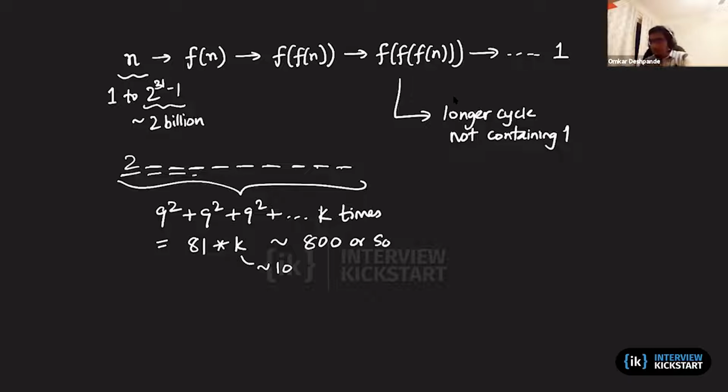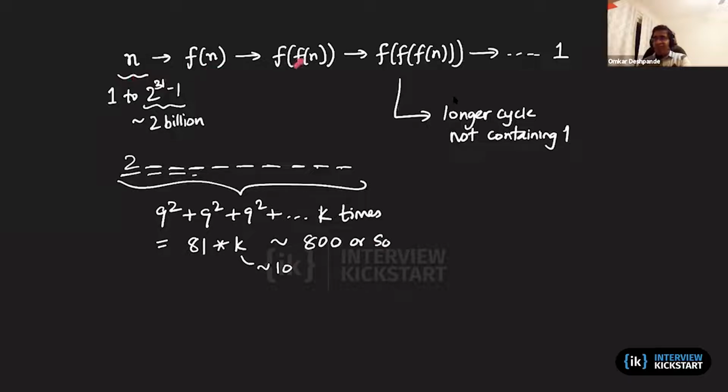So if we keep continuing here forever, sooner or later we are guaranteed that we are going to come back to an earlier number in the sequence. You can view it from the lens of the pigeonhole principle if you like: there's only a finite number of numbers within 800.